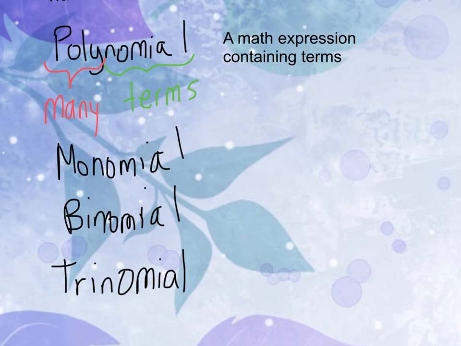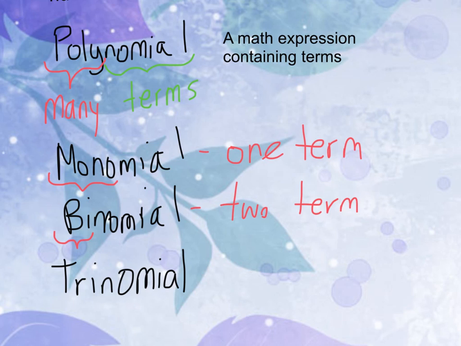And as you might have guessed by looking at the prefixes of these words, mono meaning one, a monomial means it's a polynomial that only contains one term. A binomial, bi meaning two, means that it would have two terms. And finally, trinomial, tri meaning three, that would contain three terms.